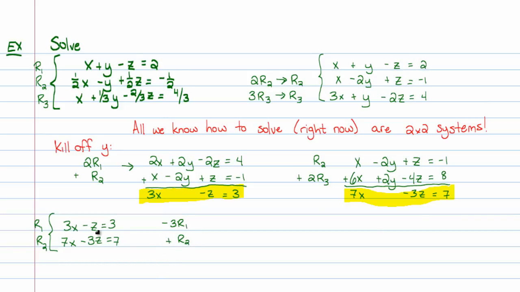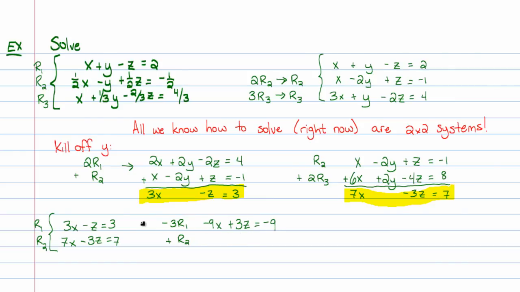The reason why I'm choosing negative 3 is because I want to kill off the z's here to find out what x is. So negative 3 times a negative 1 is a positive 3. So this will be a positive 3z's plus a negative 3z's. They disappear. Okay. So here we go. This gives me a negative 9x plus 3z is equal to negative 9.